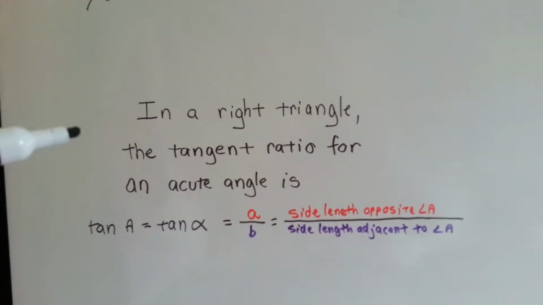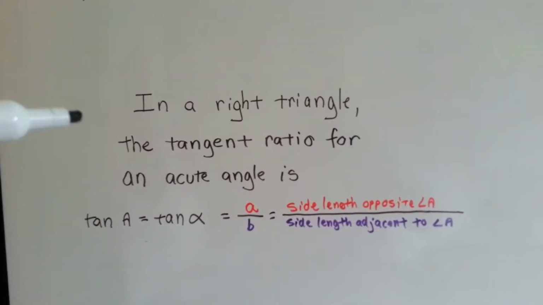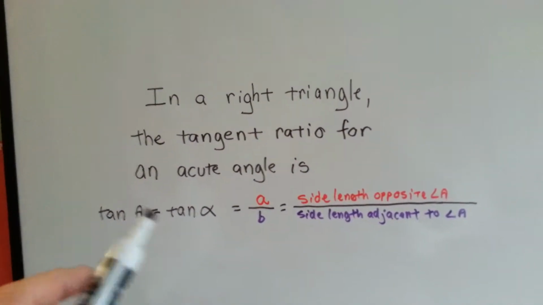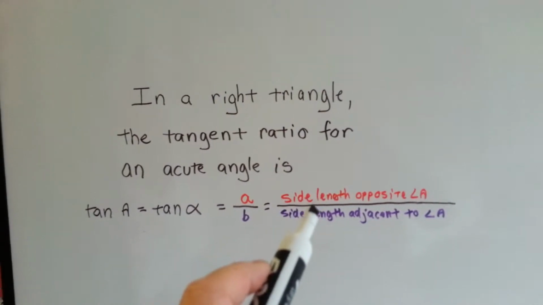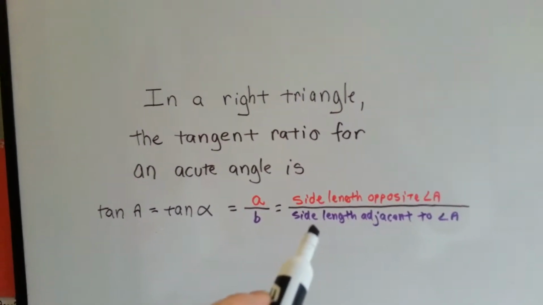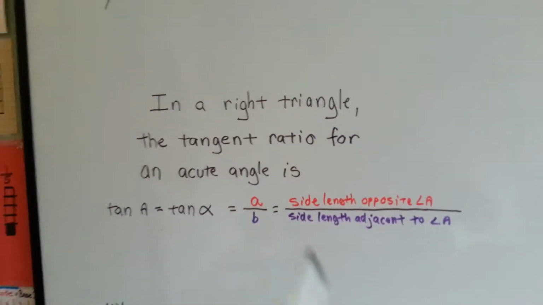Mostly right triangles. And in a right triangle, the tangent ratio for an acute angle, a little small angle, is the side length opposite angle A over the side length adjacent to angle A. So I've been using color coordinating.